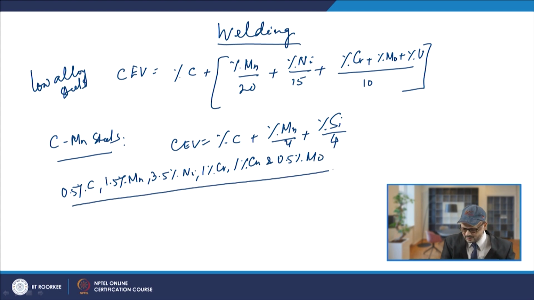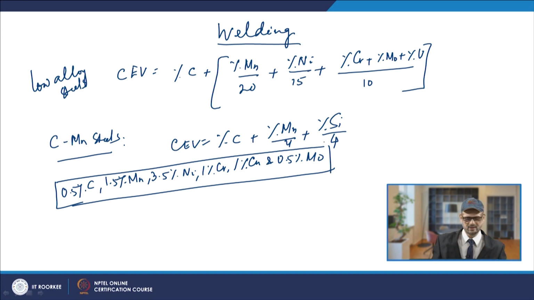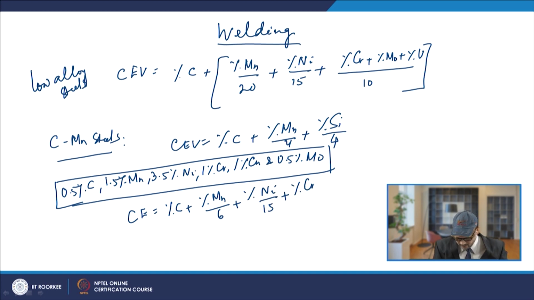for such typical steels also you have been given a certain kind of carbon equivalent value. Supposing for them it is given as percentage carbon plus percentage manganese by 6 plus percentage nickel by 15 plus percentage chromium by 5 plus percentage copper by 13 plus percentage molybdenum by 4.